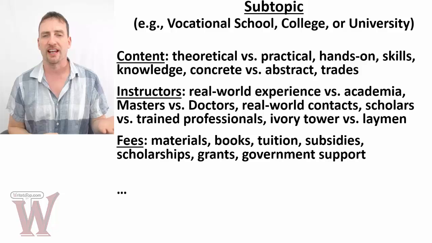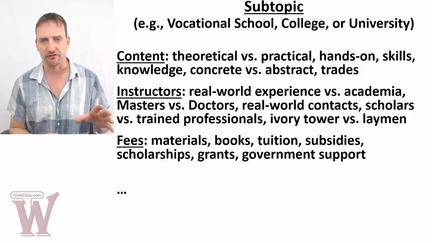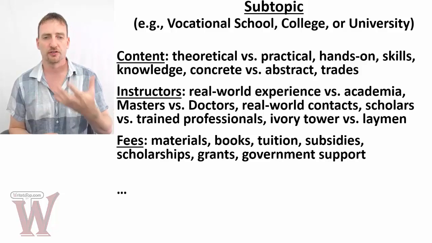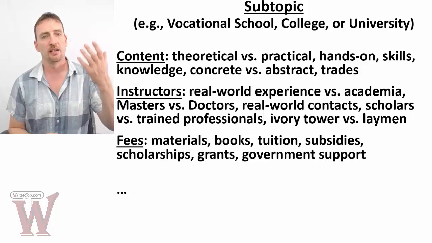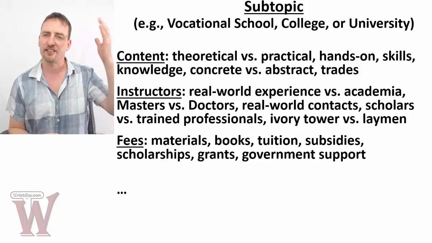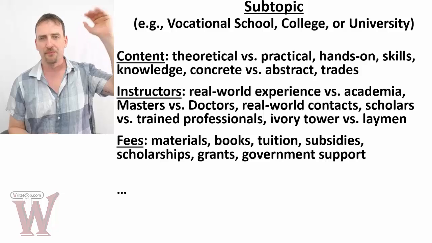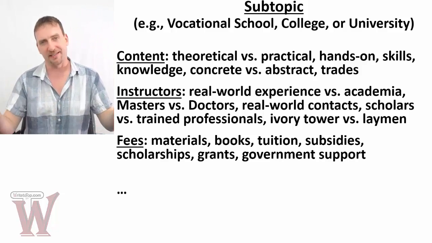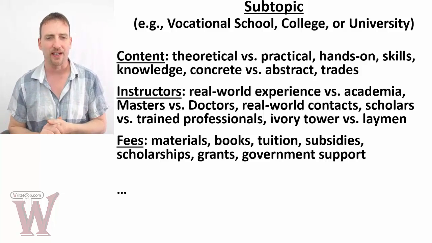In a college, you can have masters. Your teachers have master's degrees. In university, your teachers have doctorates, like PhDs. Real world contacts, scholars versus trained professionals, ivory tower versus layman. So ivory tower, this is an expression for people who are very disconnected from the man on the street. Layman is the man on the street, lay person, okay?